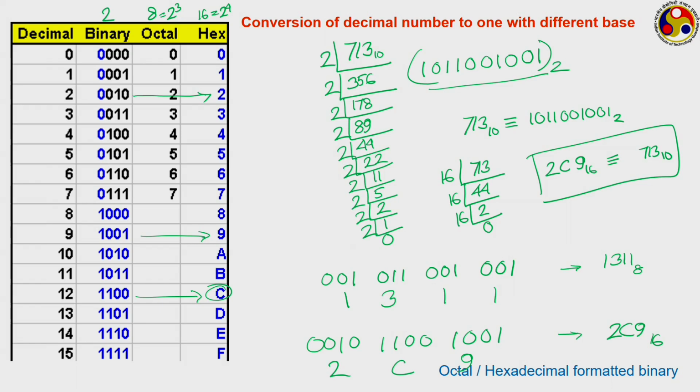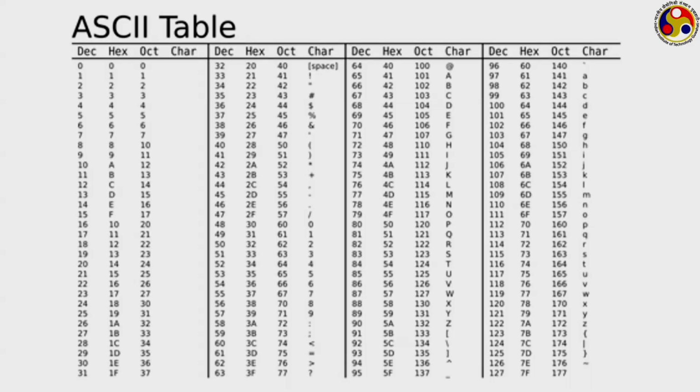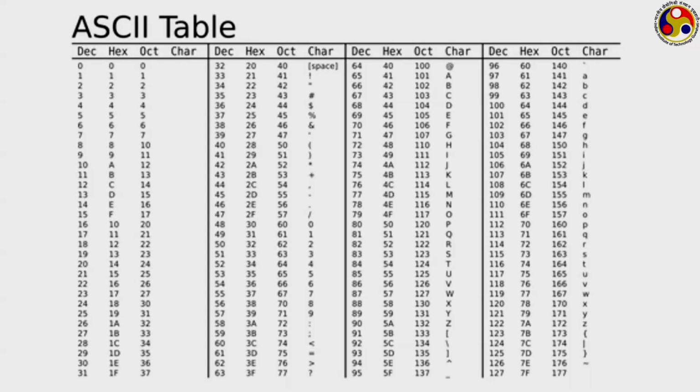So, this way we can convert any decimal digits to other number bases or any other number base to decimals, and not only numbers, rather any kind of symbols that are available to computers are generally given some kind of numbers following any number system. This is the ASCII character set, there are a few other character sets available, but this is the most common one.